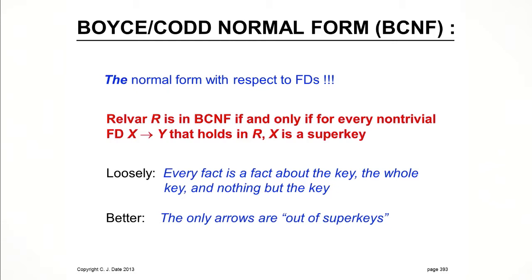You can never get rid of those. Well, out of a superkey, comes to the same thing. So in Boyce-Codd normal form, the only functional dependencies are ones you cannot get rid of. So you see, Boyce-Codd normal form in a way is conceptually simpler than all the other stuff we've been talking about. It just says there are no arrows, except the ones that are always there and you can't get rid of them.